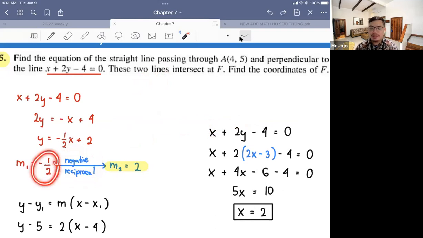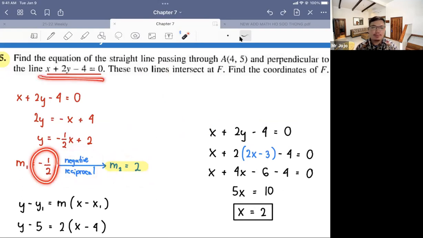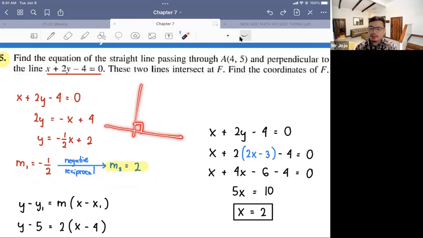Therefore, the gradient of the first line is a negative reciprocal of the gradient of the other line. All right. So if the gradient of line x plus 2y minus 4 is negative 1/2, the line perpendicular to it has 2 as its gradient. Again, they are negative reciprocals of each other. All right, it only applies to perpendicular lines.